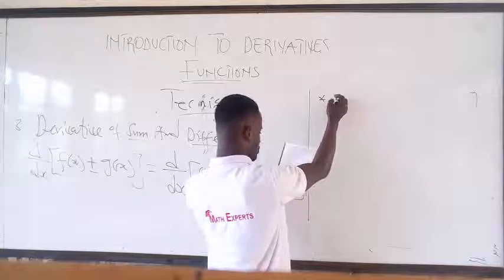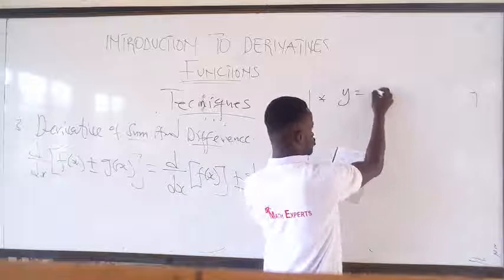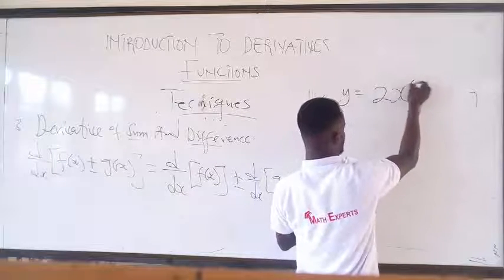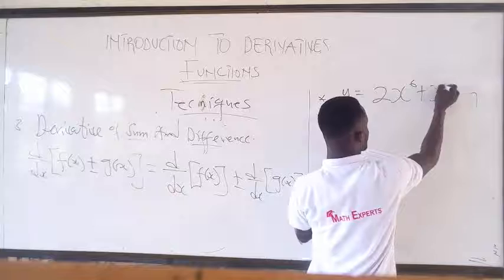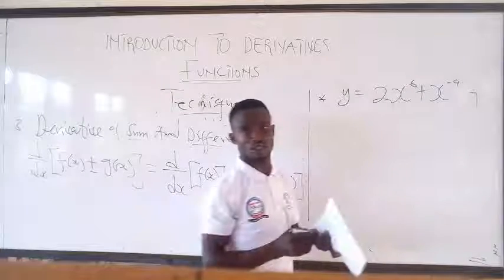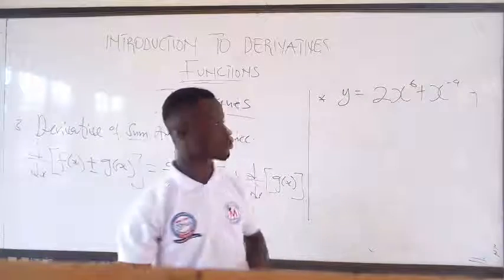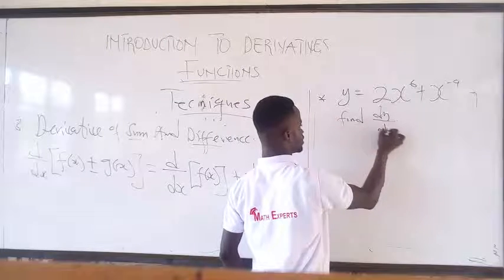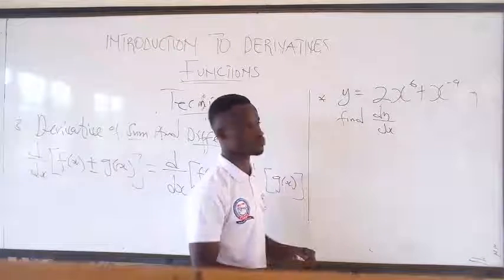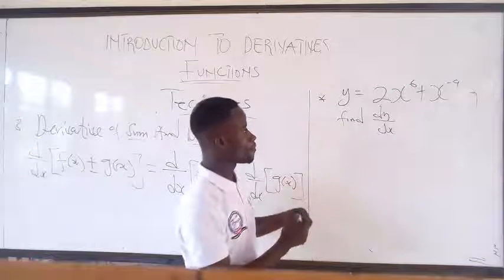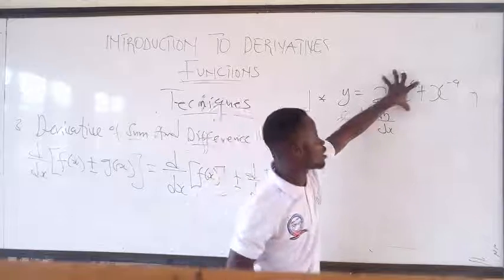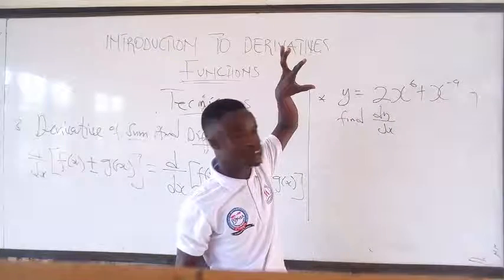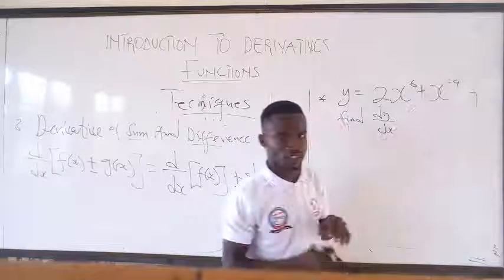So let's see y is equal to 2x to the power 6. Let's say you have to find the dy/dx. So we have another function here and another function here.